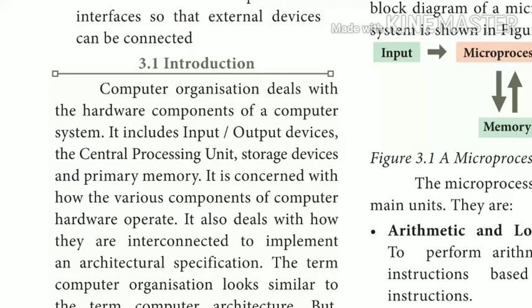Okay, so here you can see that it includes input and output devices, central processing unit, storage devices, and primary memory. It is concerned with how the various components of the computer hardware operate. It also deals with how they are interconnected to implement the architectural specification.